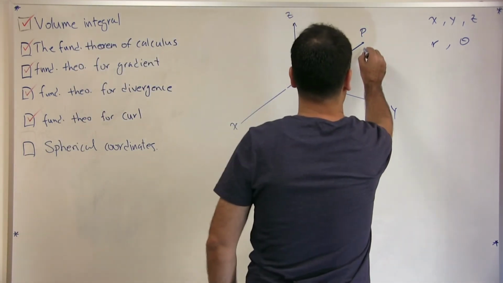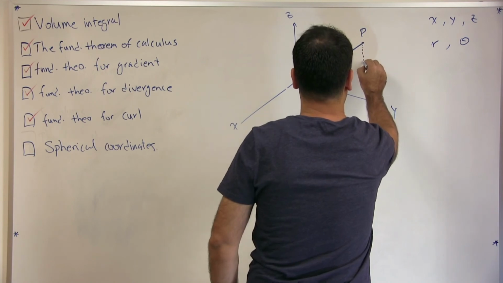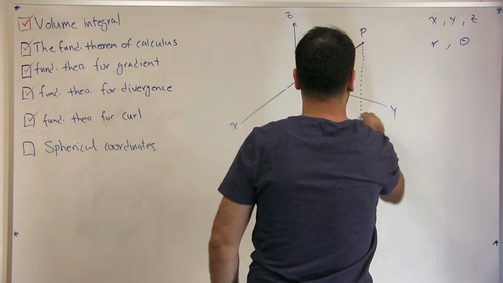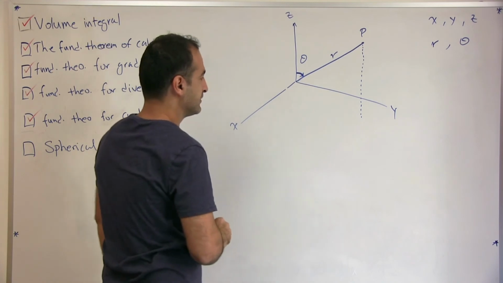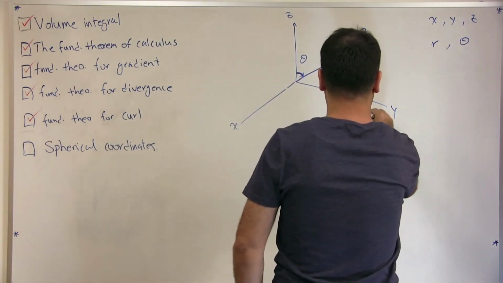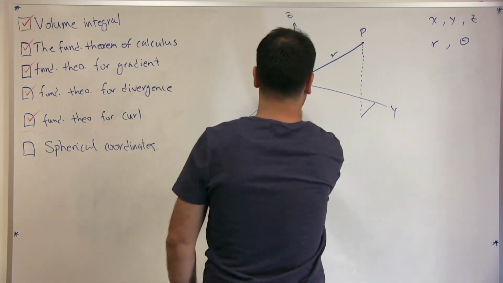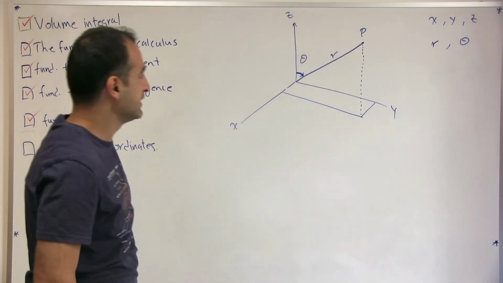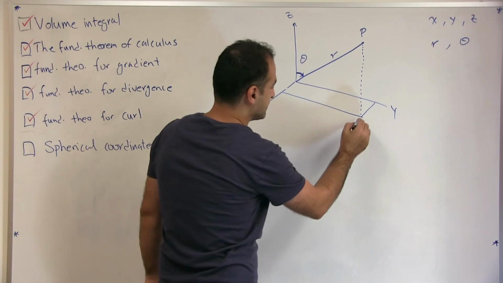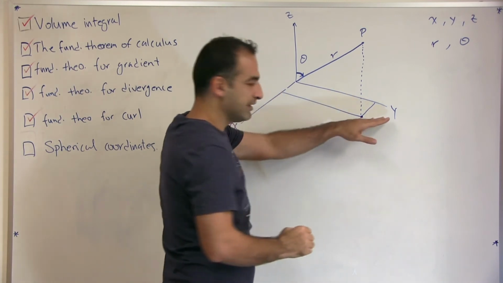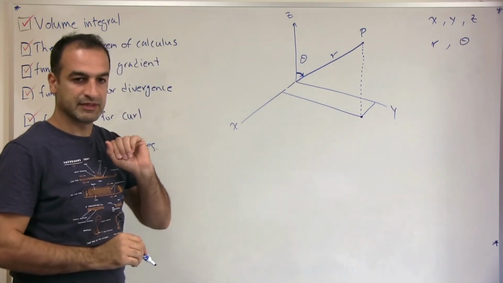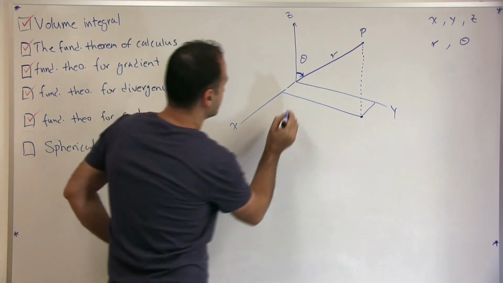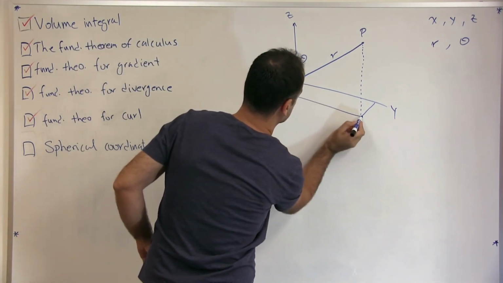I look at P and I look at the projection of P on the xy plane. So if I draw this, I get this, and parallel to this, I get something like this. So this point is the projection of P on the xy plane. And I connect it to the origin.